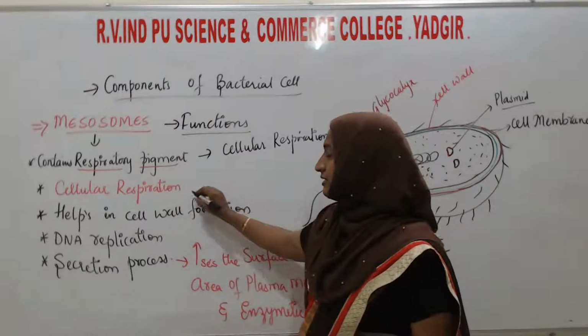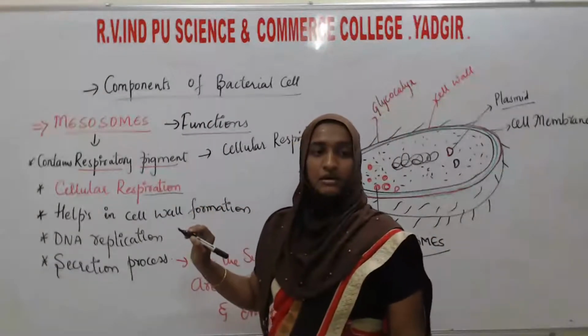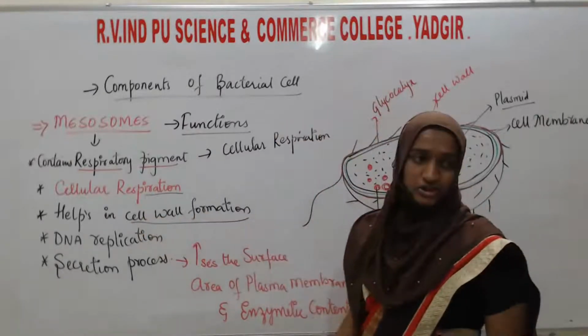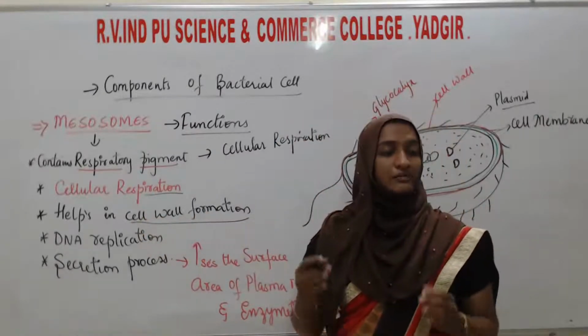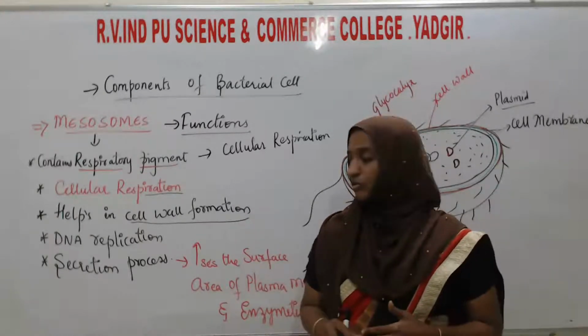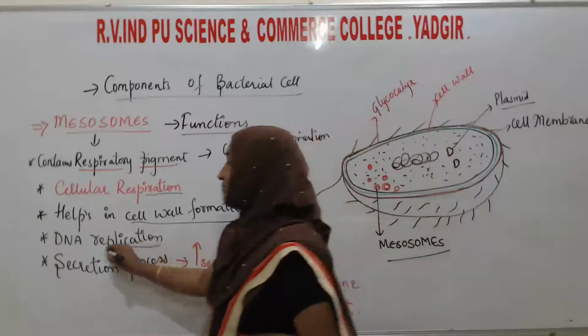The next thing I had written is about cellular respiration. The next thing, it also helps in the cell wall formation. After the cell division, whatever the cell wall formation is going on, that is through the mesosome. The next, DNA replication.